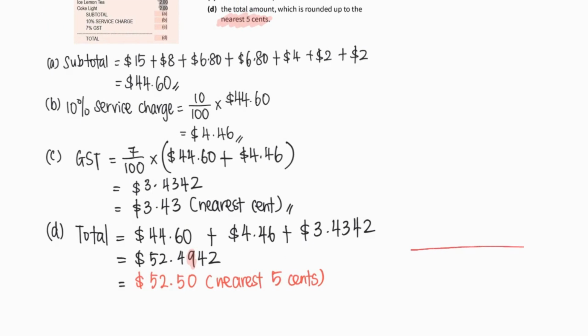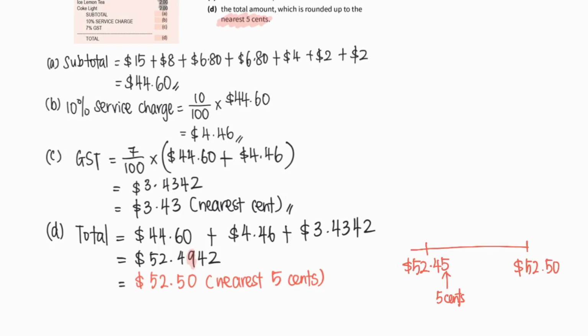So right now we have either $52.45, and the next 5 cents that we add on will be $52.50.